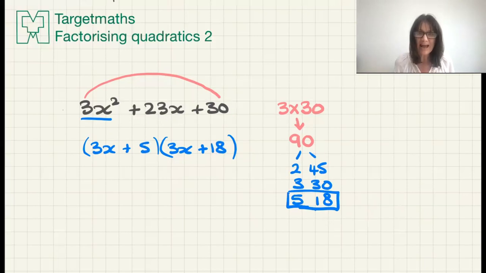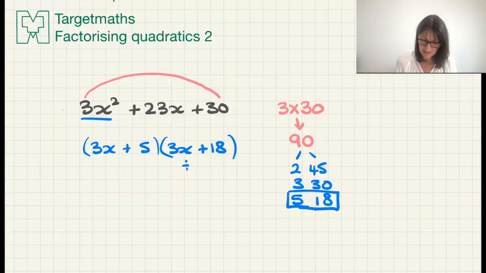Okay, now here comes the extra step that we've got to do if we're going to make these equivalent. At the moment, they're not equivalent because 3x times 3x is 9x squared, and that is not what we've got here. So what I do is I look in these brackets and I look for a common times table that I can cancel the bracket down with. So I don't have anything I can do here, but the 3 times table is common here.